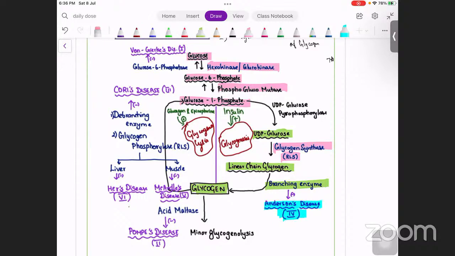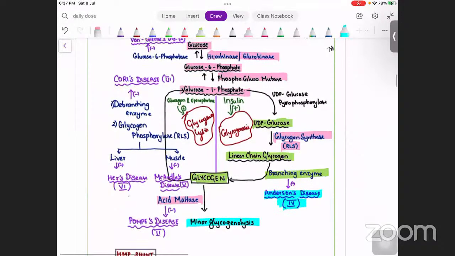Glycogen can also be broken down by minor glycogenolysis by the enzyme acid maltase. Deficiency of acid maltase could result in glycogen storage disease type 2, Pompe's disease, where you see cardiovascular defects. So the mnemonic is: Pompe's affects your pump.